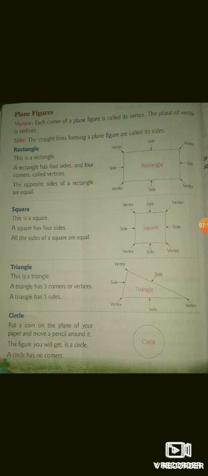The opposite sides of a rectangle are equal. You have to note this, that the opposite sides of a rectangle are equal. But in a square, there are also 4 sides. All the sides are equal in a square.